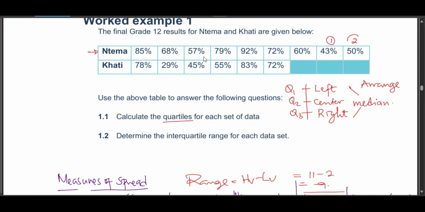Number 2 is 50, 3 is 57, 4 is 60, 5 is 68, 6 is 72, 7 is 79, 8 is 85, and at last, number 9 is 92.